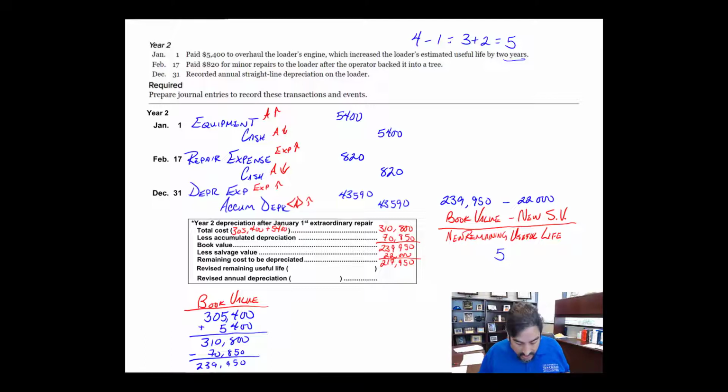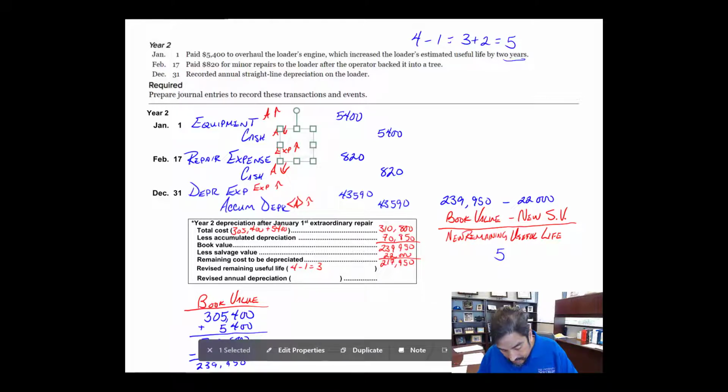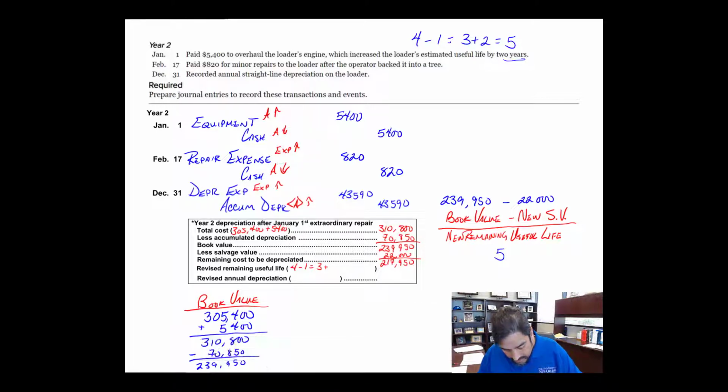Our remaining useful life, so they give us room for the calculation there. We started with 4. We used up 1, which leaves 3. But then the betterment this year added 2. So our remaining useful life is 5.